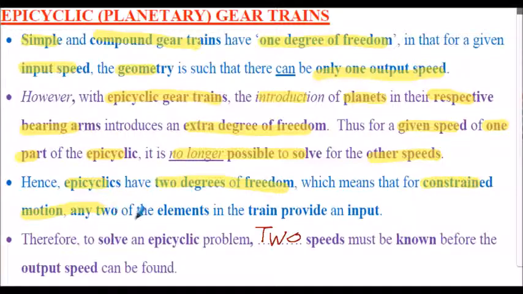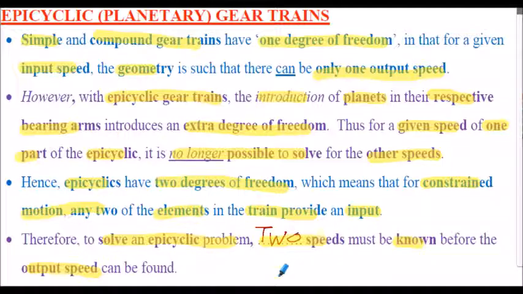any 2 of the elements, so the planet, the sun, the annulus, the link arm, etc., in the train can provide an input. And again, you'll see this later on. So to solve for an epicyclic problem, we need 2 speeds given to us before we can find the output speed. So they're just more difficult to analyse, more complicated because they've got more variables.